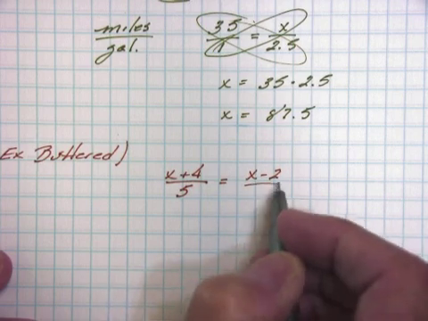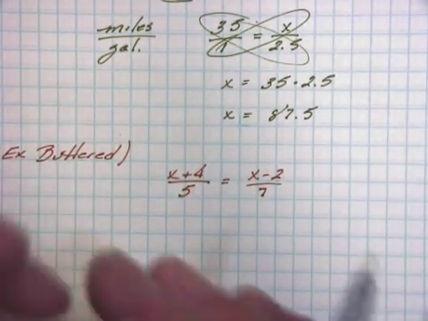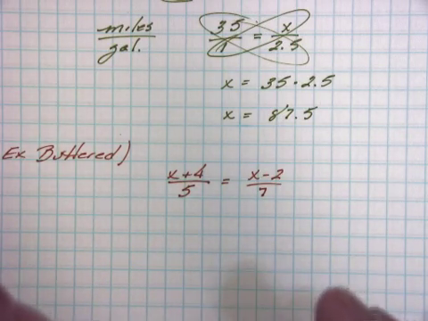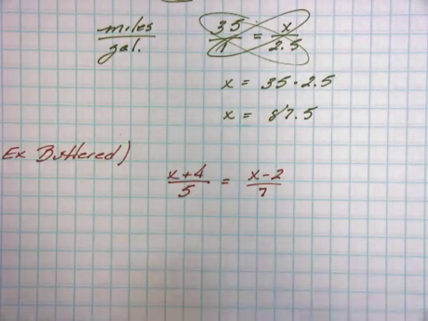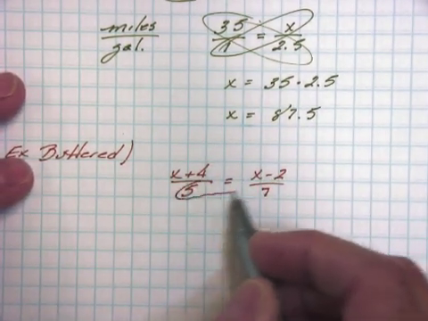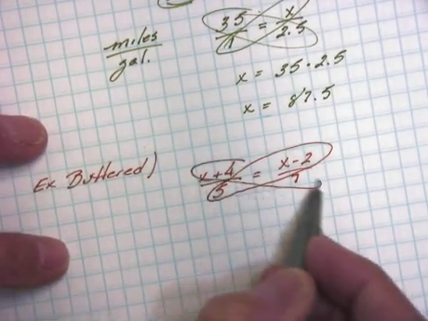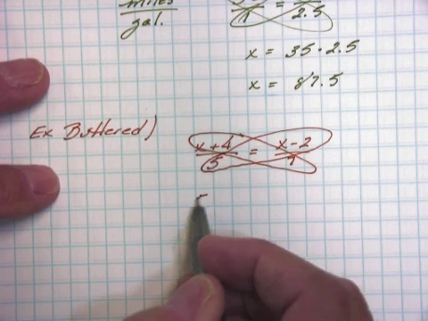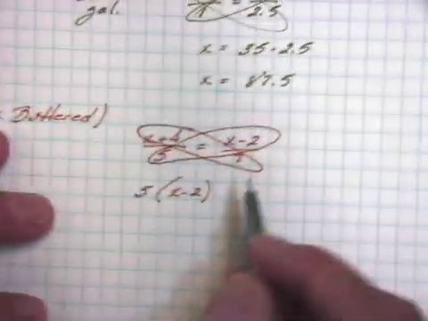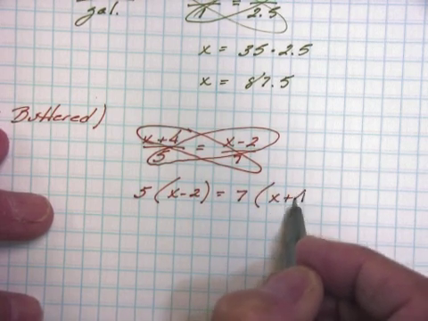Now, watch how this one's different. I've got x plus 4 over 5 equal to x minus 2 over 7. Notice the difference is now I've got the variable x on both sides in multiple locations, but it doesn't change the process. I'm still going to use cross multiplication. 5 times x minus 2 and x plus 4 times 7.